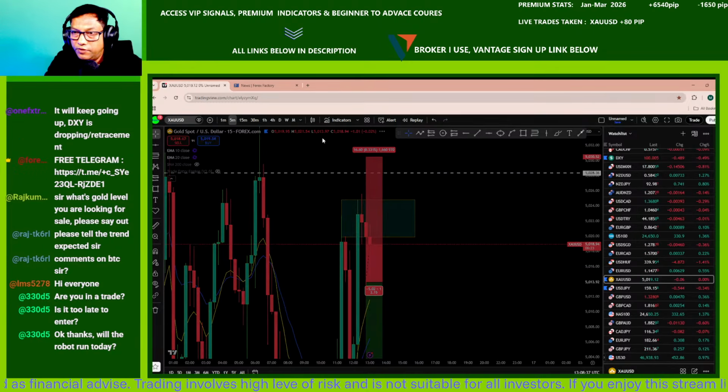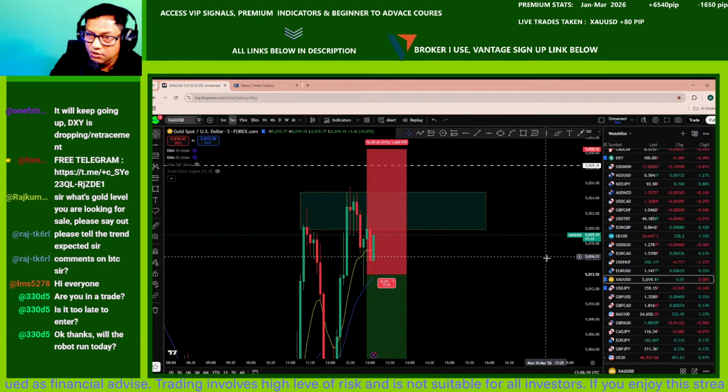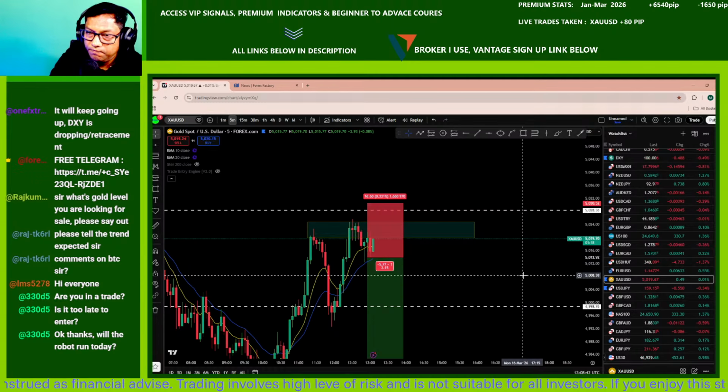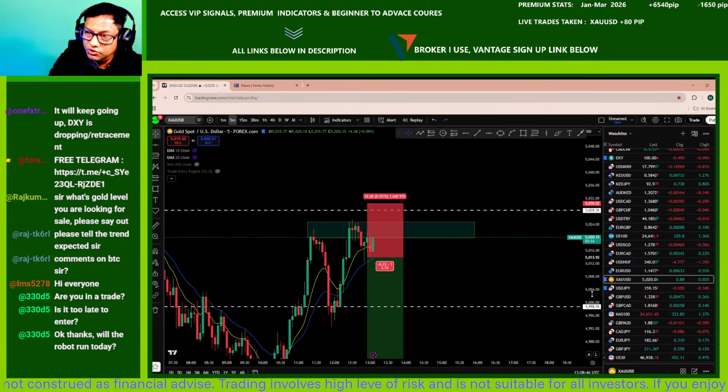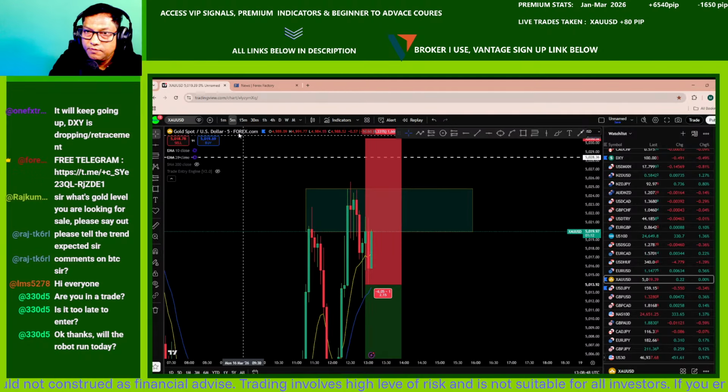It will be interesting to see if gold is not really breaking below here. It's in a narrow consolidation zone in that area that you can see.